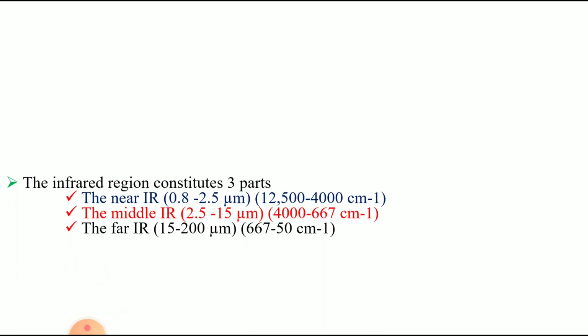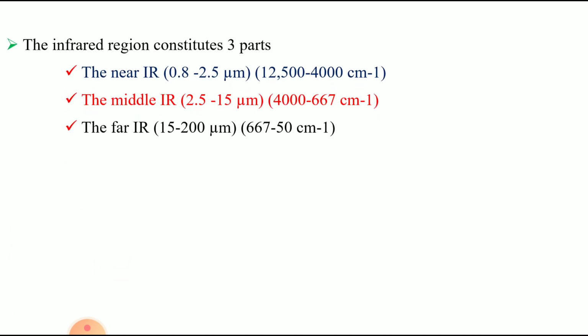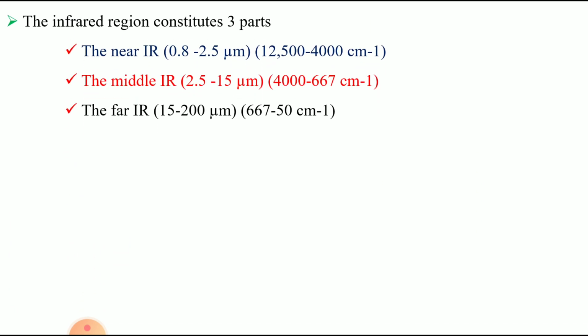The infrared region is again classified into three parts based on the wavelength range. The three types are the near IR region, mid IR region, and far IR region. The near IR region ranges from 12,500 to 4,000 cm⁻¹. This is in wave number.